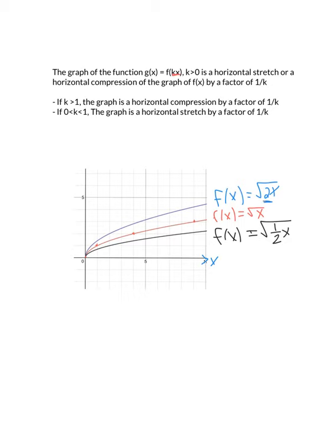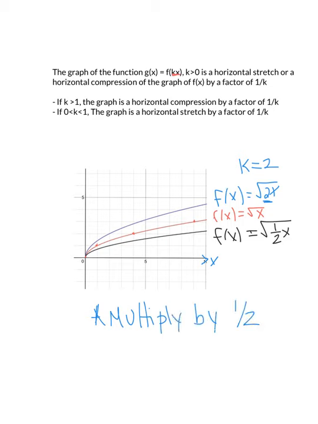So I know that my k is 2, which means that I need to be multiplying all of the x components of these key points in my original function by 1 over k. So if my k value is 2, I need to be multiplying by 1 over 2.